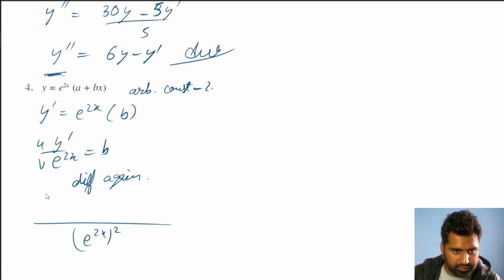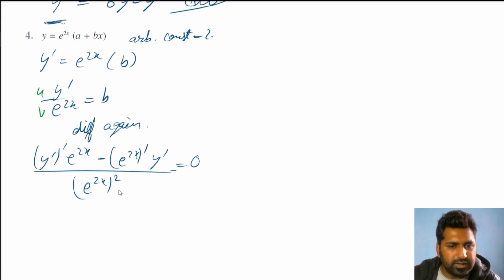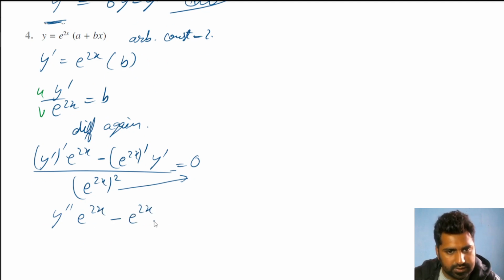Numerator is u dash v, so y double dash e raised to power 2x minus v dash e raised to power 2x, differentiation into u, y dash, is equal to 0. So denominator we can take to the other side. So the equation becomes y double dash e raised to power 2x minus e raised to power 2x differentiation, which is e raised to power 2x into y dash, is equal to 0.